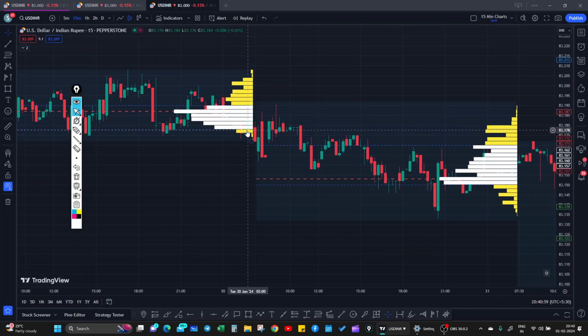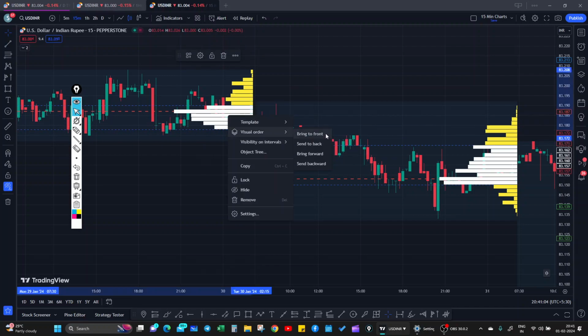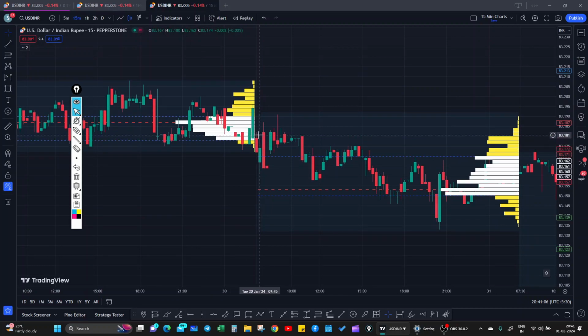And on 30th Jan, what the market has done is it opened somewhere inside the value area and started moving down, but there was no breakout properly from the overall profile. Then there was again a bullish candle, and again a red candle inside value.